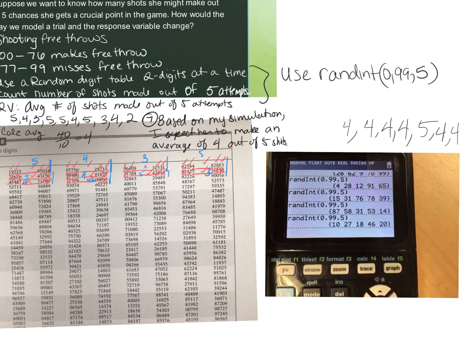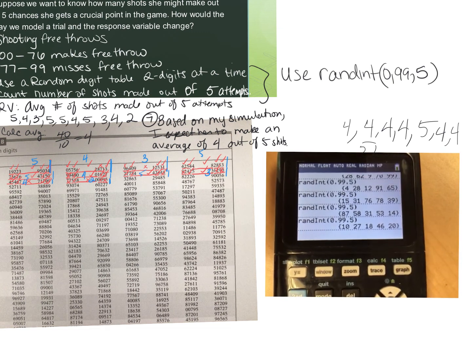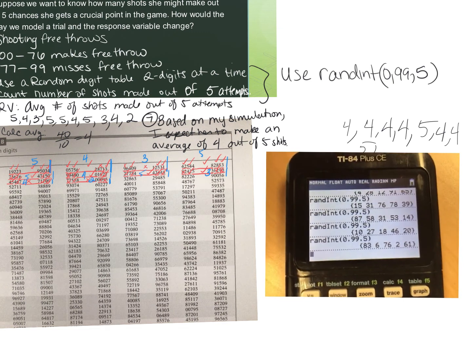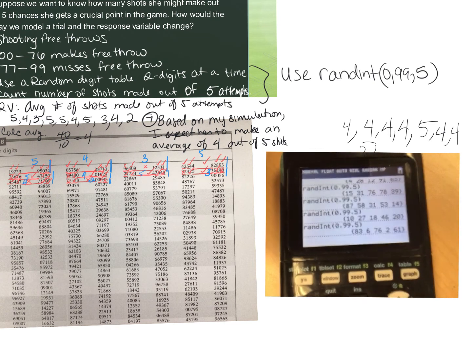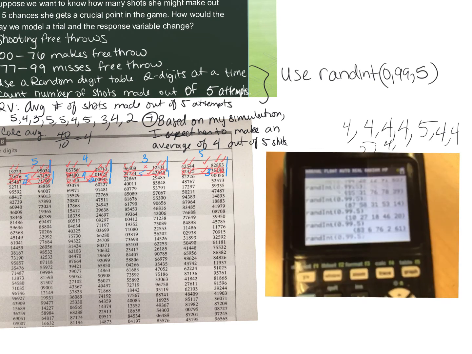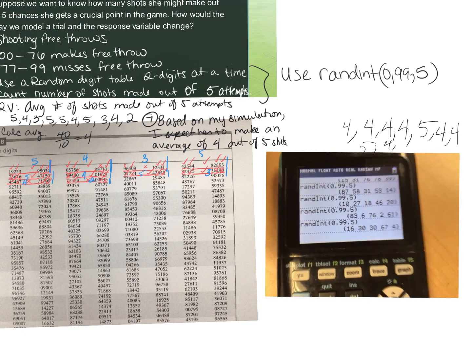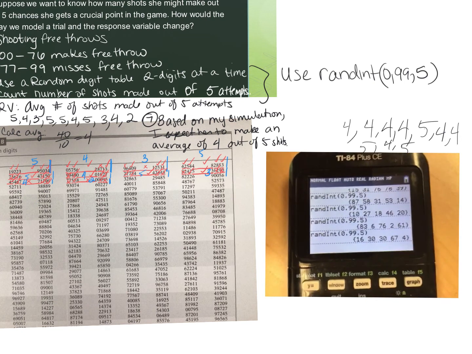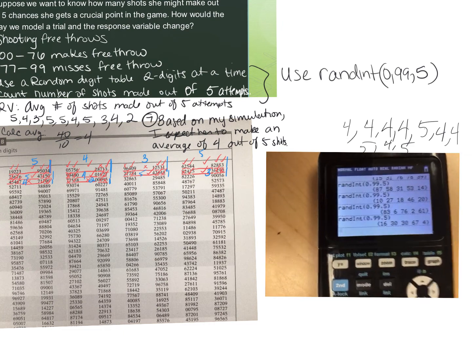That's a 5. Right? There's nothing over 76. There is a 4. There is a 5. 1, 2, 3, 4, 5, 6, 7, 8, 9, and 10. Okay, that makes my 10 trials.